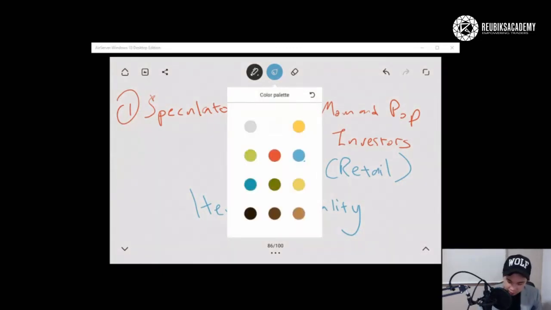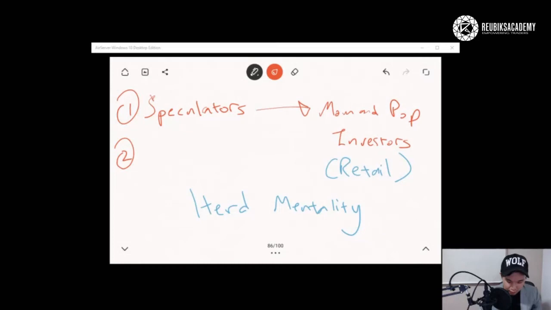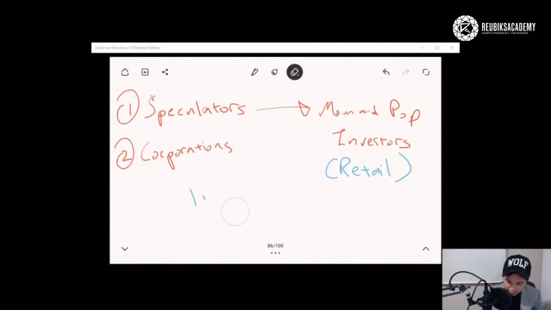The second group are your corporations, right? That means these are your companies, your privately owned companies, companies who have maybe set aside some funds to invest into the capital or the debt markets, the financial markets to be more general.